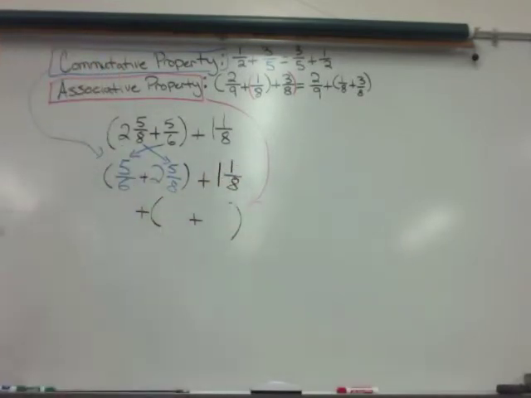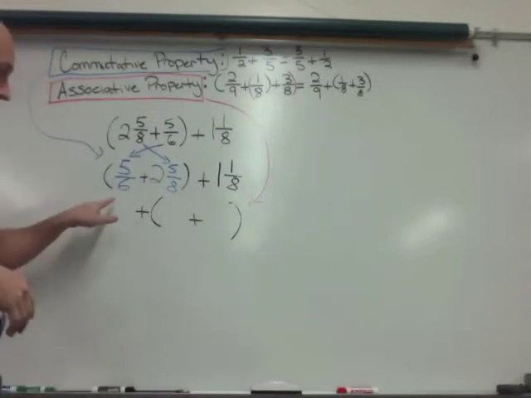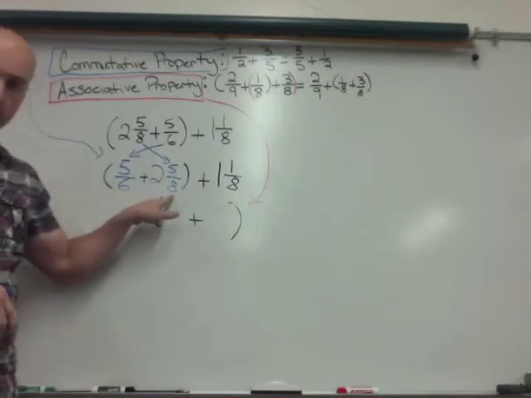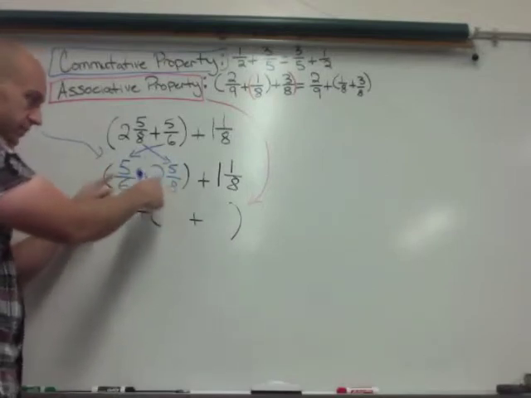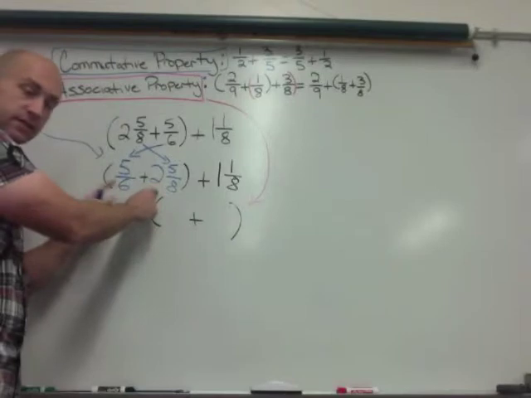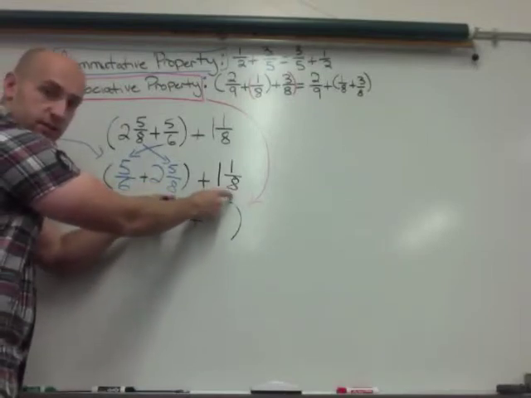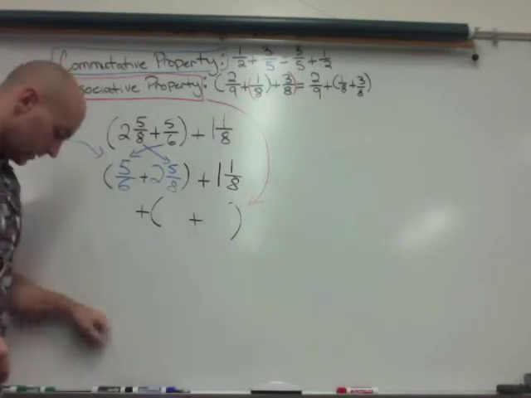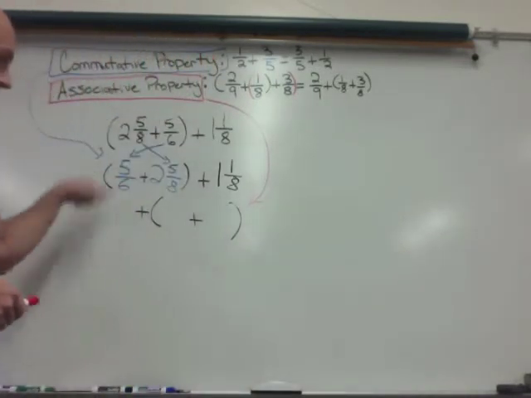Now the next step is the associative property. We have the 6 and the 8 together, those denominators together, but we have to do inside the parentheses first, and we don't want to add the 6 and the 8 together first. So we need to get this parenthesis around the 8's, because that's what we want to do first. So we're going to move this parenthesis.